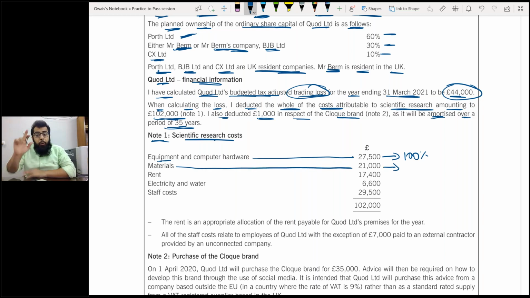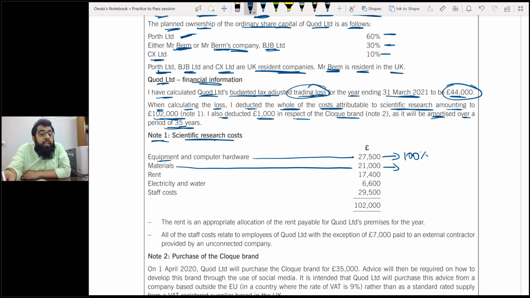Material. Hello everyone. Do you people remember the relief of research and development? Do you people remember the rules relating to research and development? The rules of R&D. If you do spending on research and development, you get additional relief.